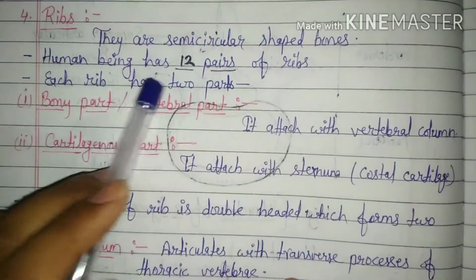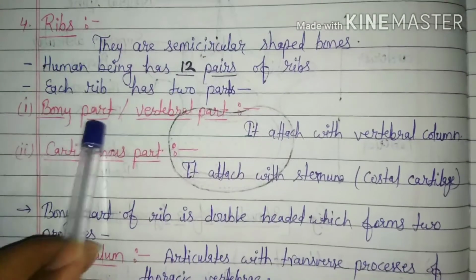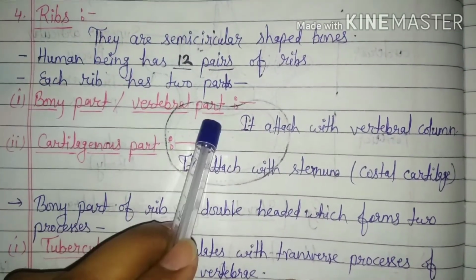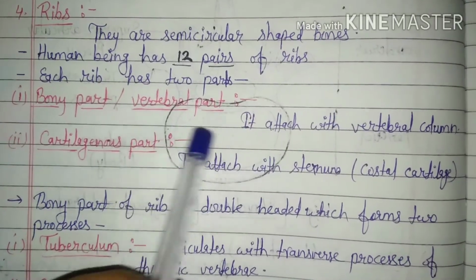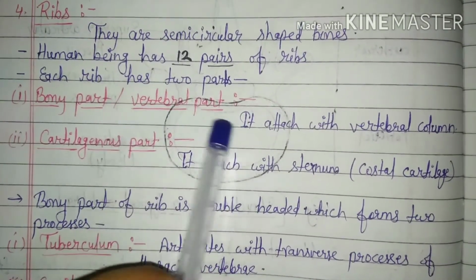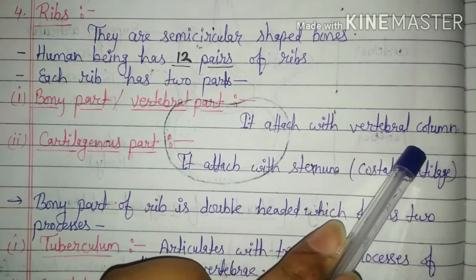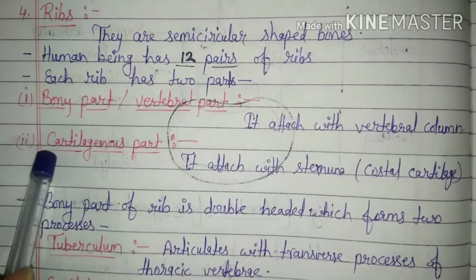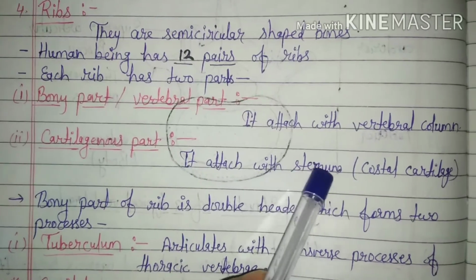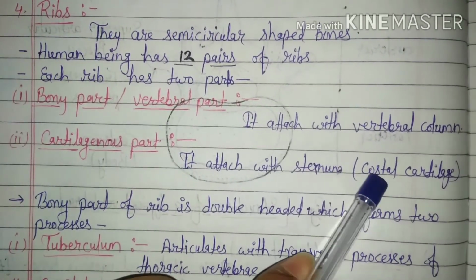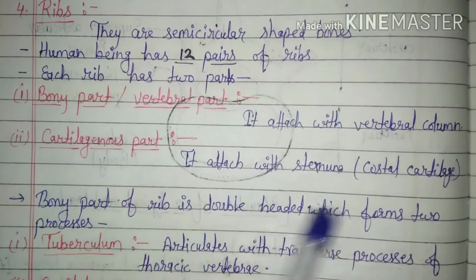Each rib has two parts. First, bony part or vertebral part. Second, cartilaginous part. The bony part of ribs is attached with the vertebral column and the cartilaginous part of ribs is attached with the sternum. It means costal cartilage.